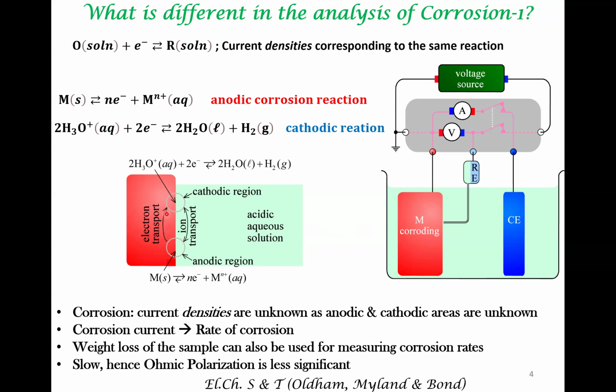For example, the electron transfer here is very facile, and the ion transport can also be facile because the anodic and cathodic regions can be near to each other. Because of all this, ohmic polarization is less. So these are some of the factors that make corrosion different from the study of electrochemical kinetics of this kind of reaction.